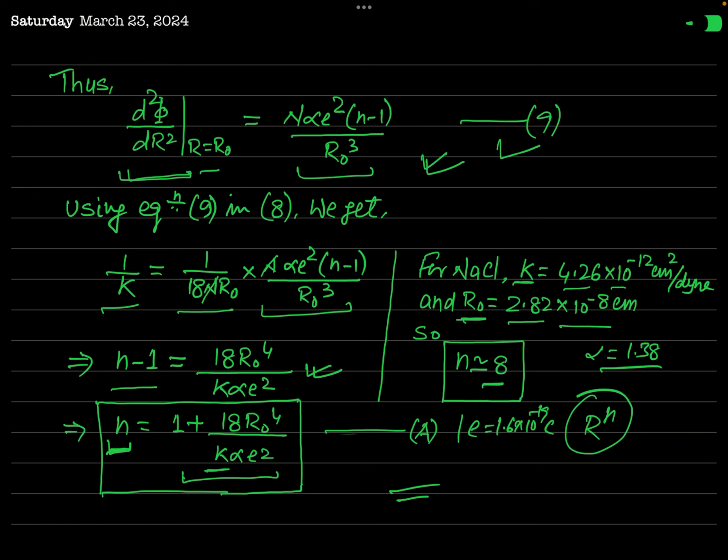So n in this case is almost equal to 8. Okay. You can also measure this k. If n is known, then k can be measured. And if n is known, you can measure the range of this short range repulsive force also.